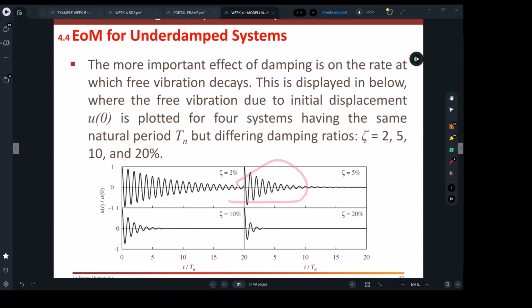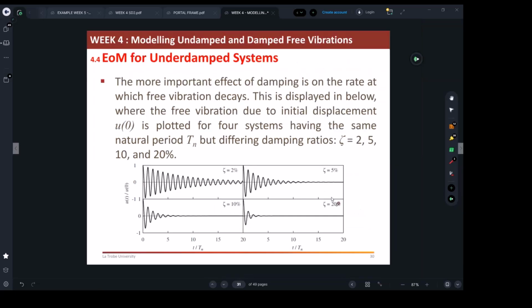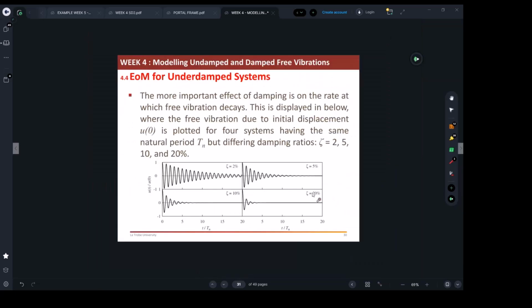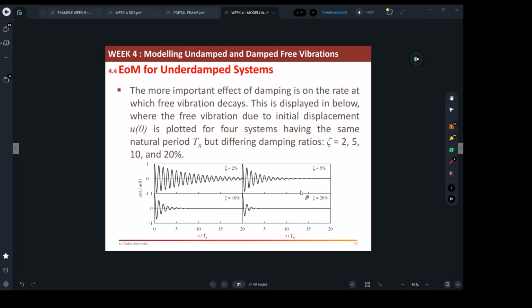With 10%, you can shut the vibration down quicker. With 20%, very, very quick, but this is too much to get. You can't get 20% damping unless you have special devices like the one I showed you. If you remember last week, you have pistons or special devices fixed inside your building.